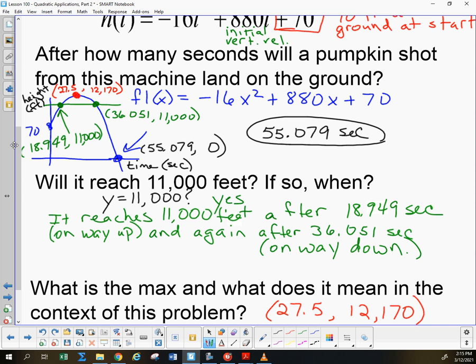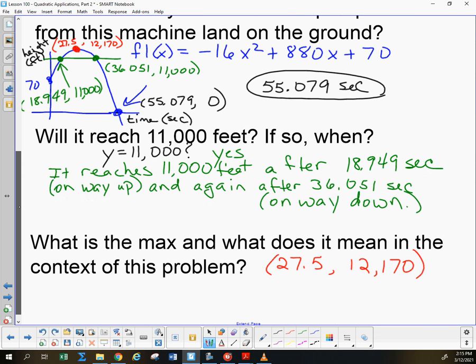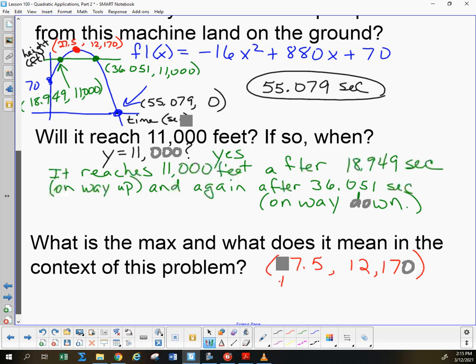So under our x-axis, our x's are time in seconds. Our y-axis is height in feet. So this is our time in seconds. This is our height in feet.